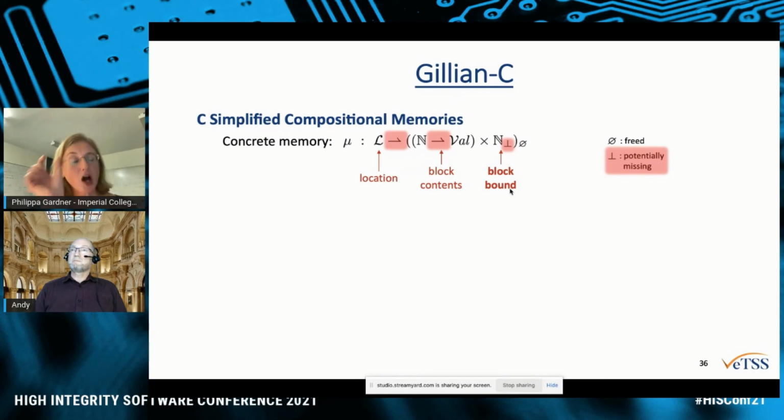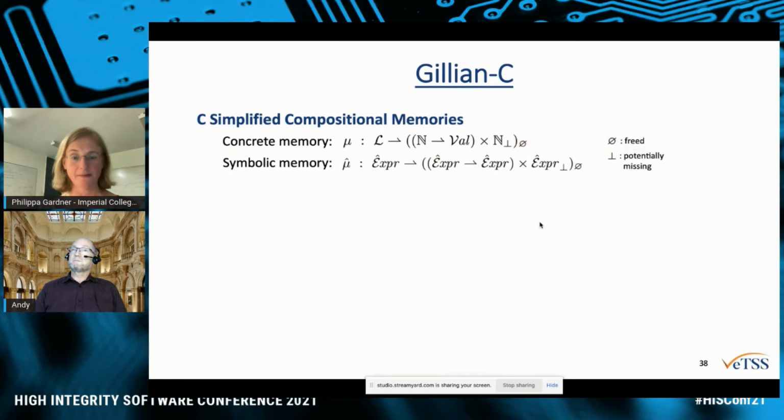So the function only needs the little bit of resource needed to do its job, even though the memory has much more. And also, I just want to emphasize that we've got locations with the ability for locations to be freed, so that when you do use after free, you get the appropriate error.